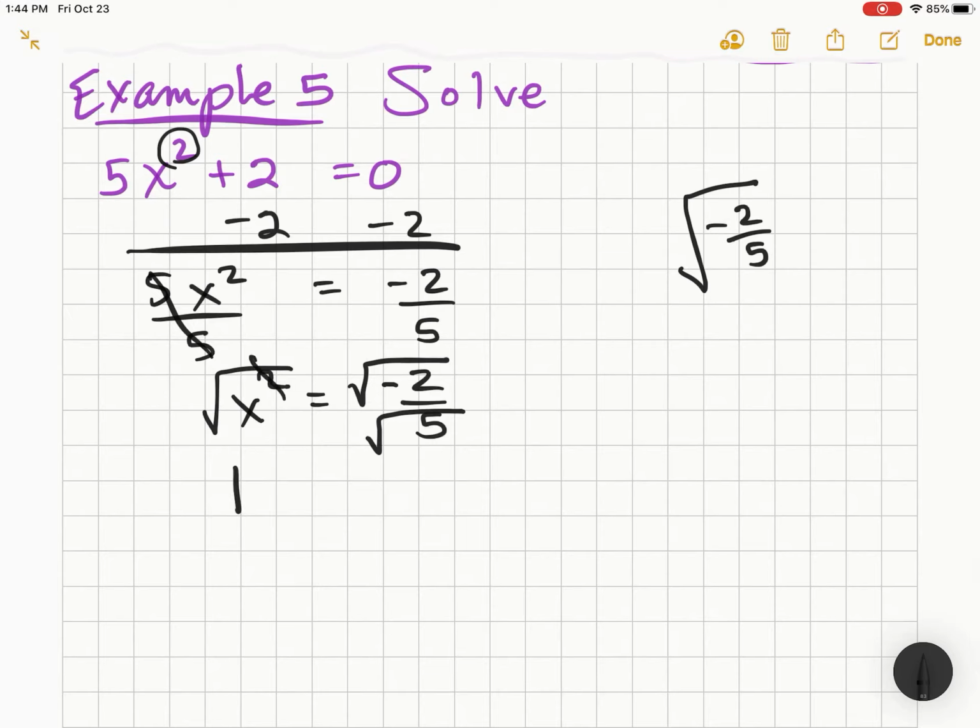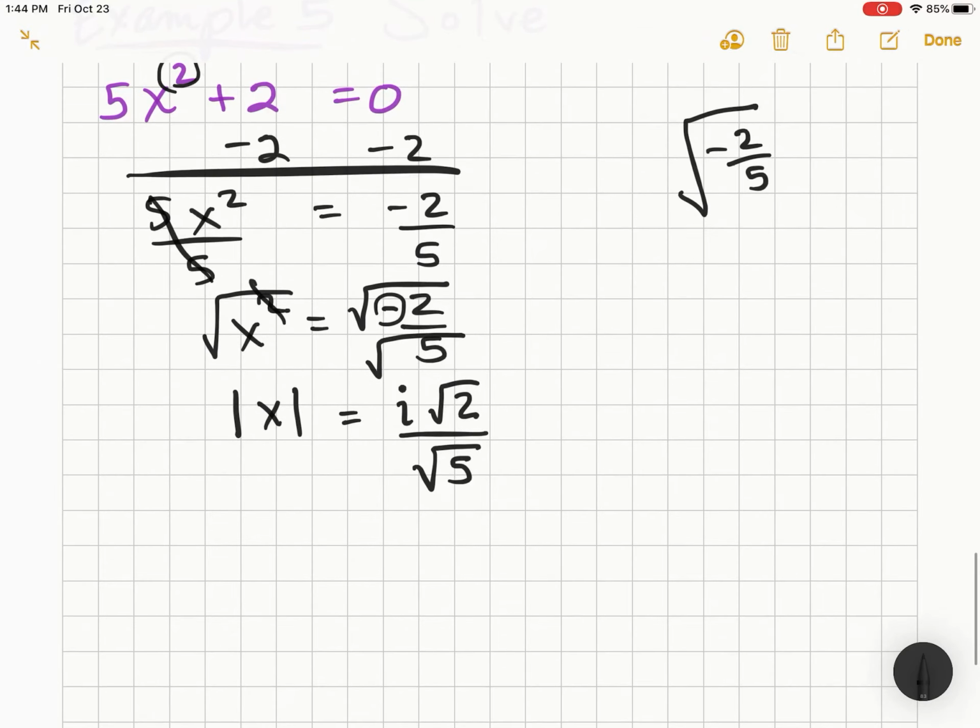So here, the square and the square root cancel. I have absolute value of x. Now in the numerator, I have i radical 2. Remember that becomes imaginary. And on the bottom, I have the square root of 5. But let's also recall we don't leave radicals in the denominator. So I'm going to multiply by my magic 1, which is radical 5 over radical 5.